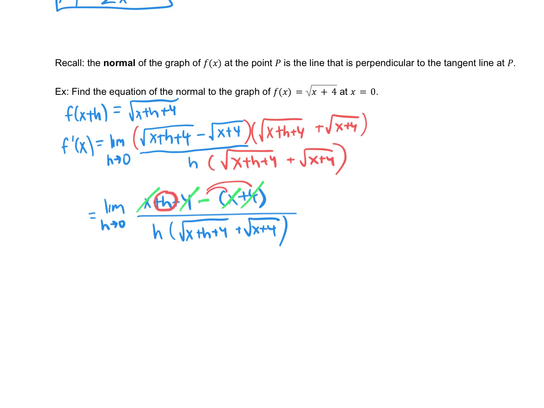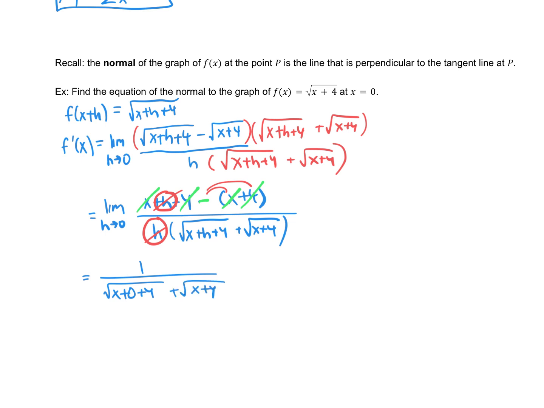So because my numerator is just an h and the h is outside of that bracket, we can cancel those out as well. So now, actually, I'll just replace h with 0. We have 1 in our numerator, and in our denominator, we have the square root of x plus 0 plus 4 plus the square root of x plus 4.